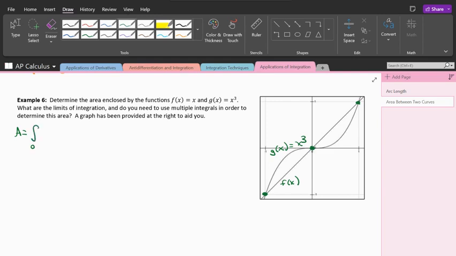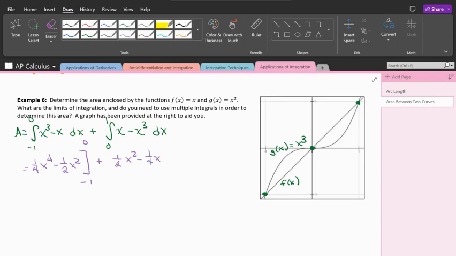So we are going to start with -1 to 0, and instead of f of x minus g of x, we're going to say x cubed minus x, because x cubed is the upper function, plus the integral from 0 to 1, and now x is our upper function, minus x cubed dx. And so we have 1/4 x to the 4th minus 1/2 x squared, evaluated from -1 to 0, plus 1/2 x squared minus 1/4 x to the 4th, evaluated from 0 to 1.